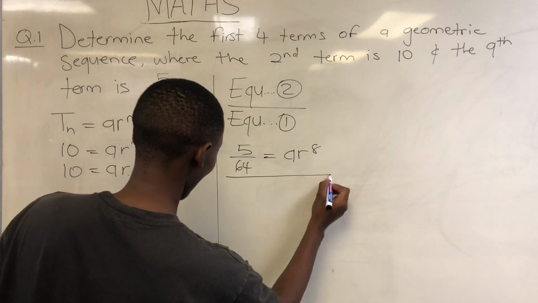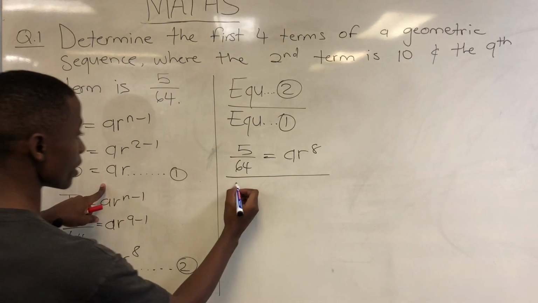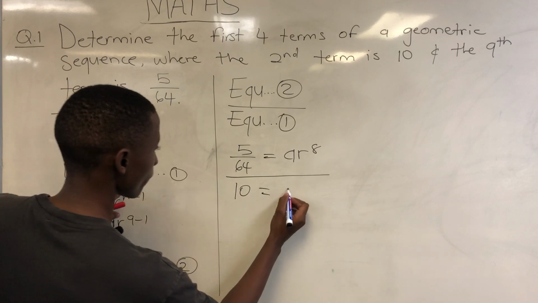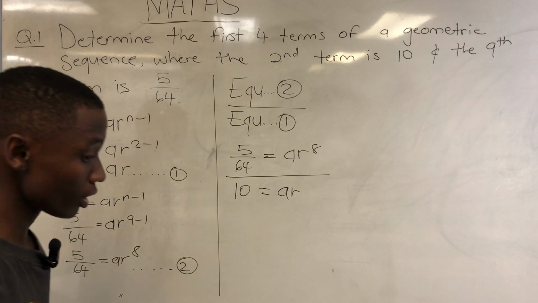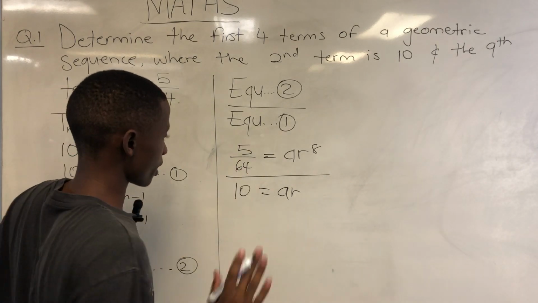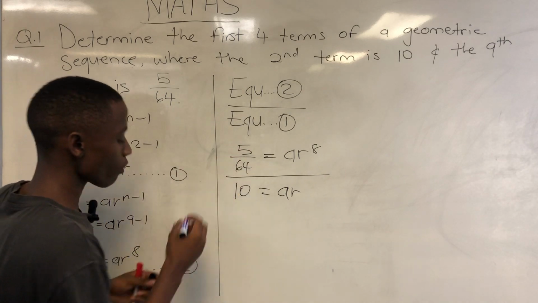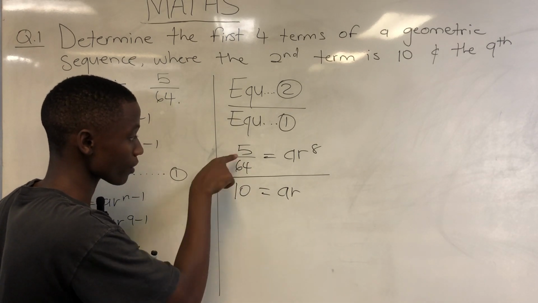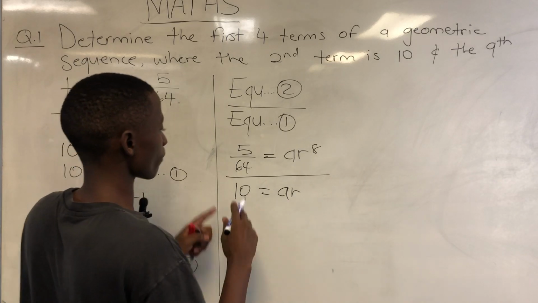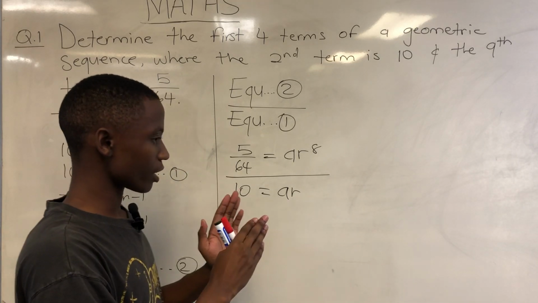Divide by equation 1, which is 10 equals AR. All right, let's work. Let's start from this side, right? 5 over 64 divided by 10. Okay, so in this case now, you know that we have a fraction, okay?